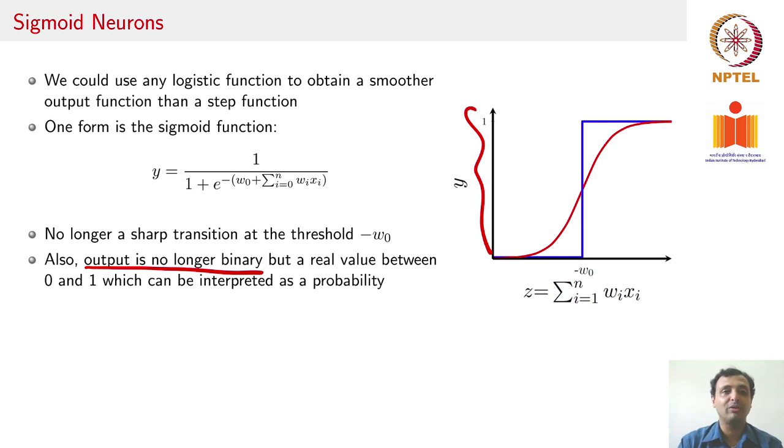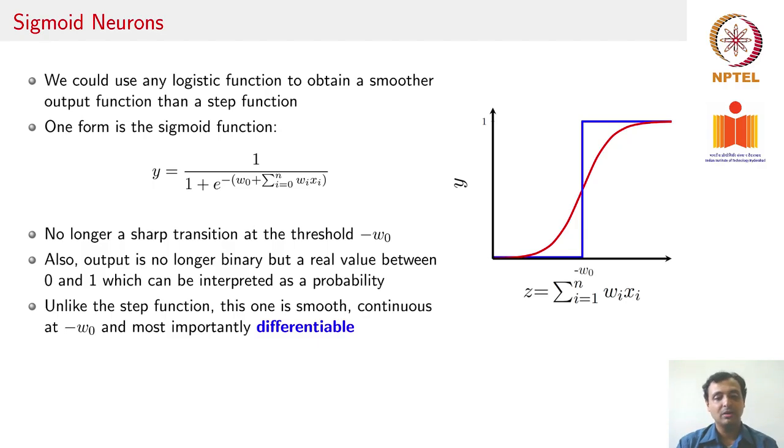So if your output was, let's take an example, let's say 0.6. You would say that, assuming your inputs are say patient records, this patient has a 60% risk of say suffering from cancer or heart attack, or whatever problem you're modeling in this particular scenario.